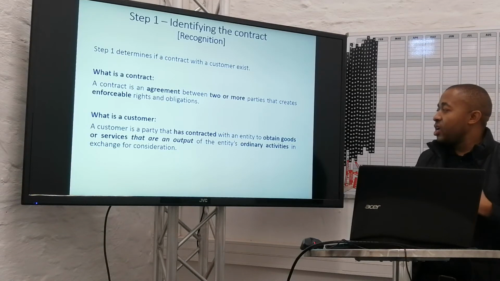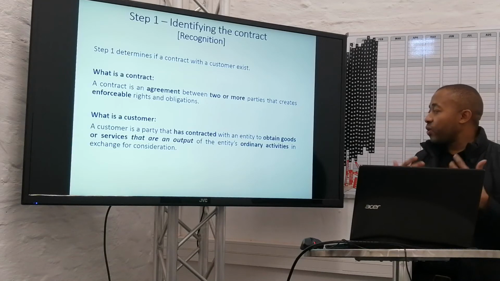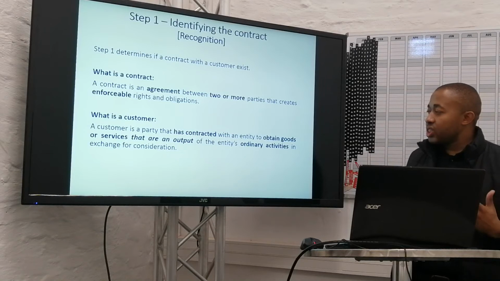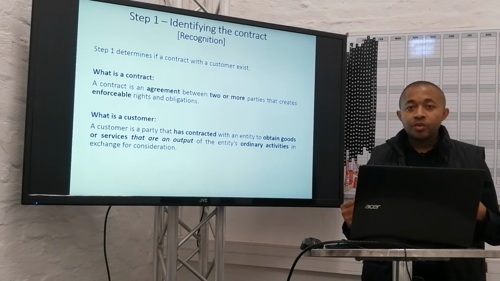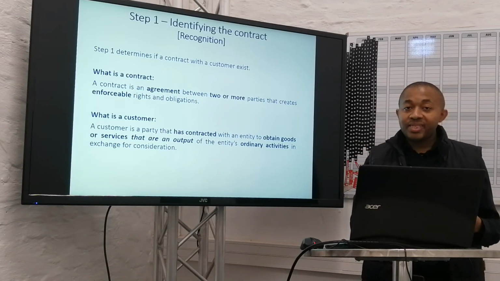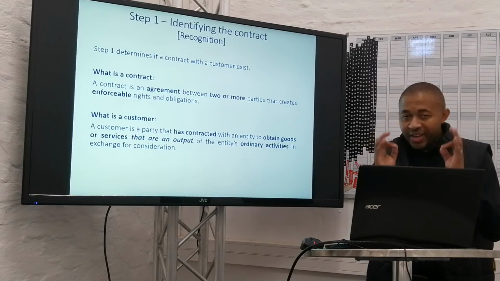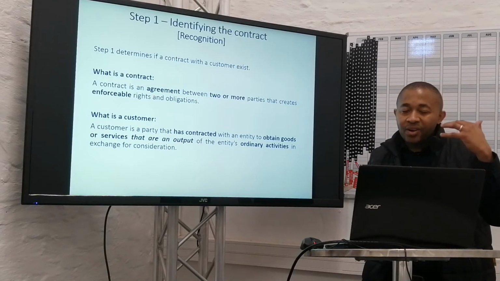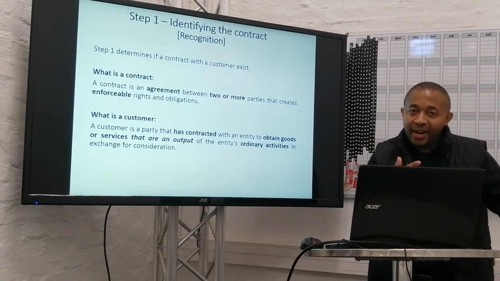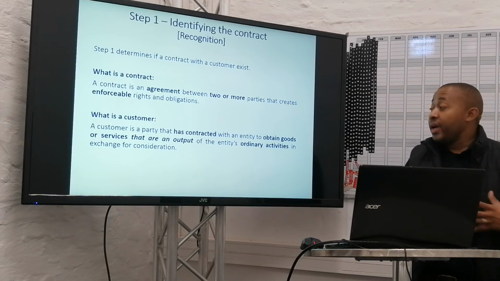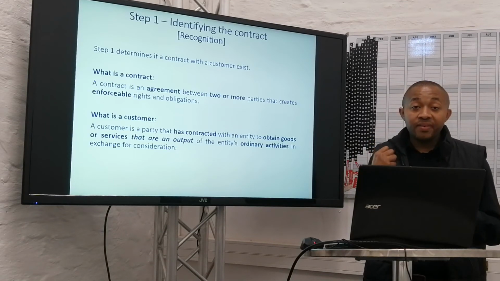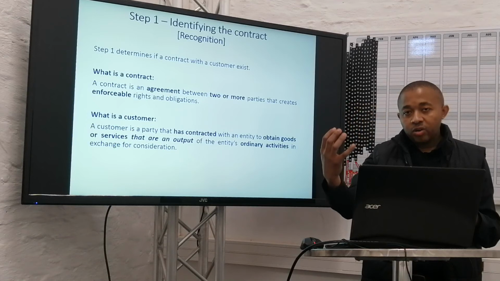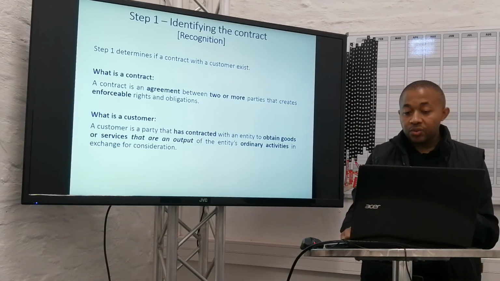A customer is a party that has contracted with the entity to obtain goods or services that are an output of the entity's ordinary course of business in exchange for consideration. Income arising from that is revenue. Customers receive those goods or services in exchange for a consideration. That's what constitutes a customer.